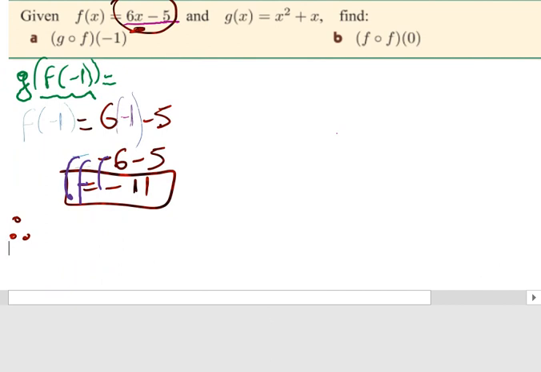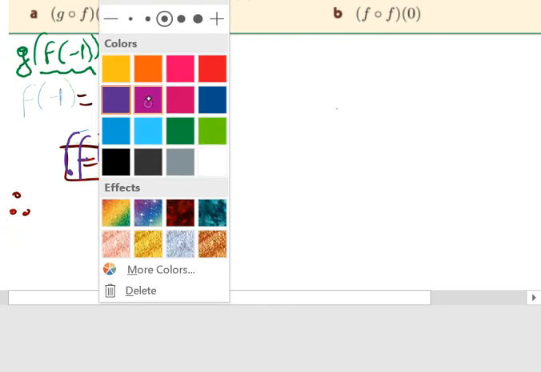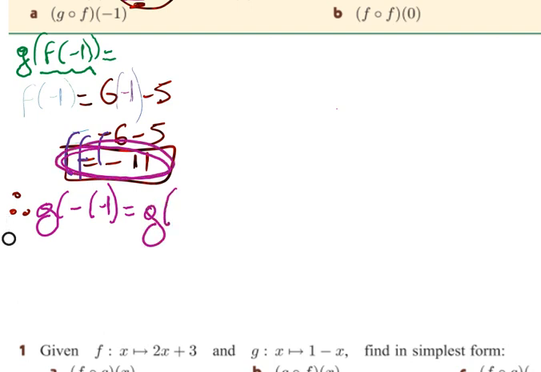This technique doesn't work for me, does it? Let's start again. So you have to put g of f of minus 1. And now instead of f of minus 1, you put the equivalent, which is minus 11. So in other words, we have g of minus 11.